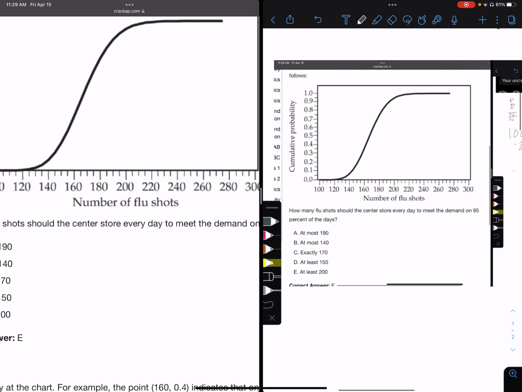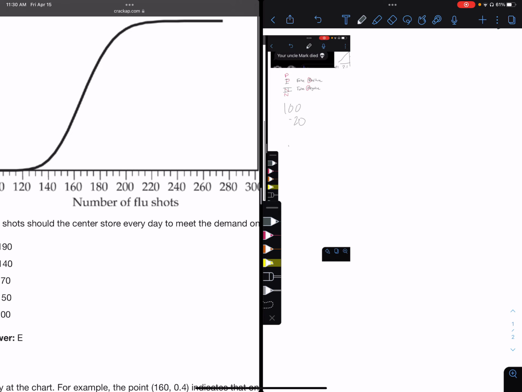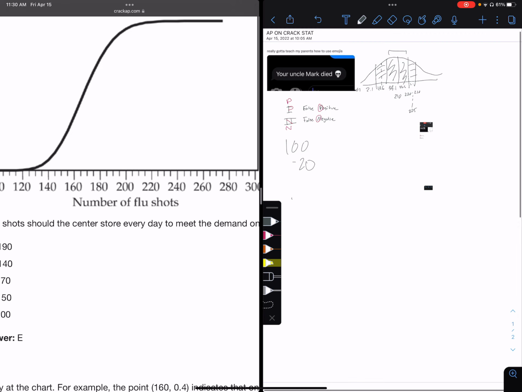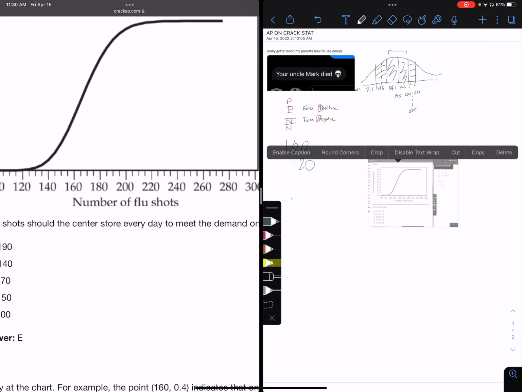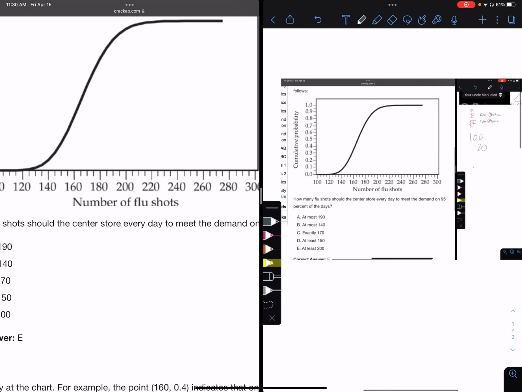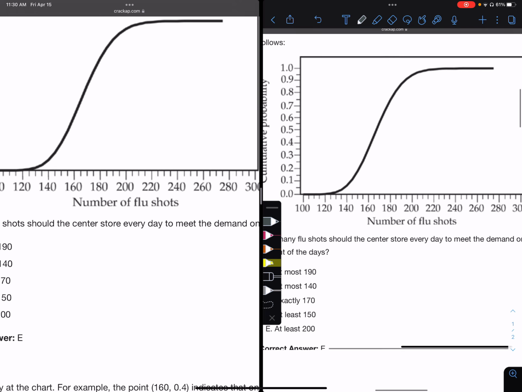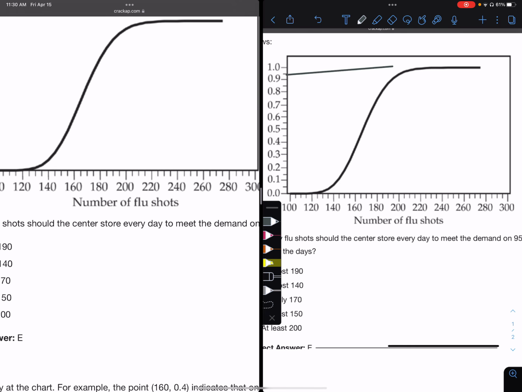So we can see that this is 90, 95. Can I draw, please? Okay, thank you. Oh, shit. Wait. Don't worry. Okay, dang, okay. Okay, whatever. So 95, which is this.